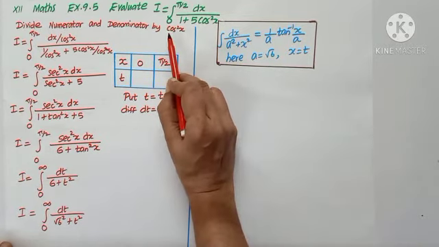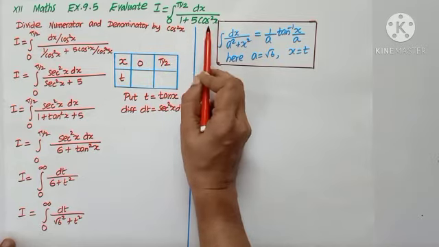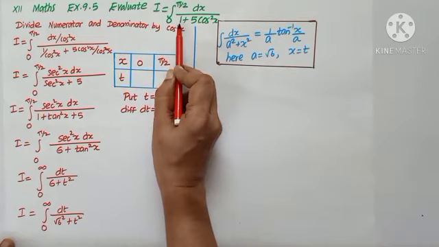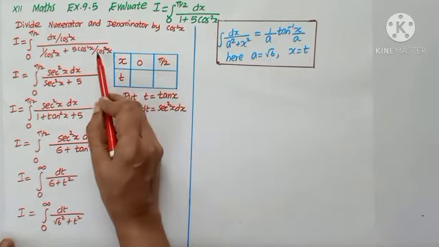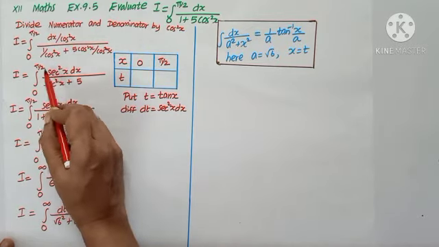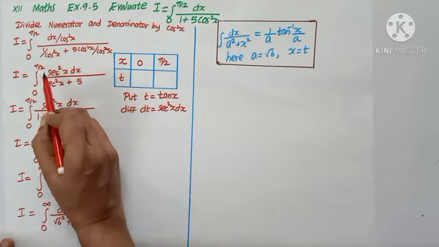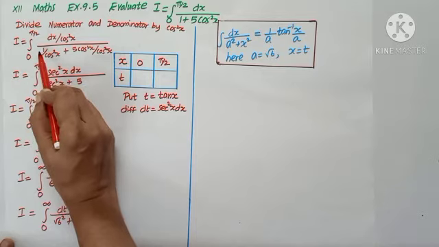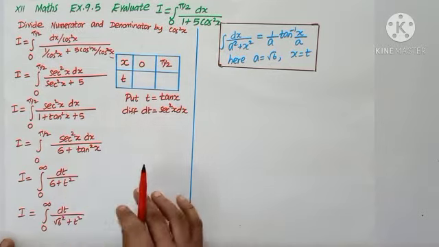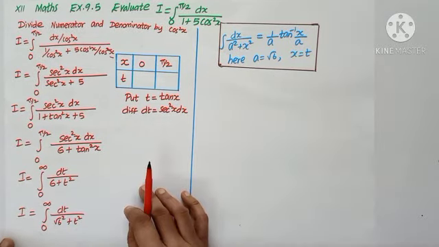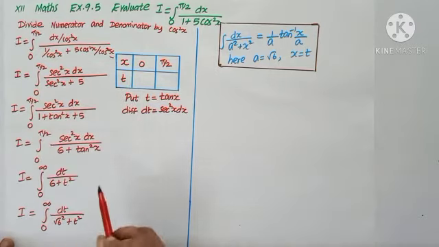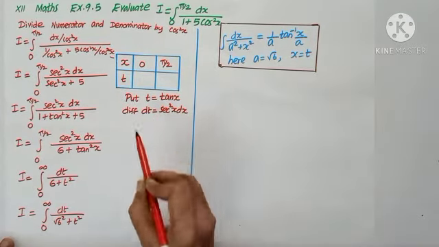This is a technique that we should remember in such problems. dx by cos square, 1 by cos square, 5 cos square by cos square. 1 by cos square, I can write secant square x. Denominator also, 1 by cos square is secant square. Here cos square cancels. Whenever I have secant square x dx, tan x will be the substitution.